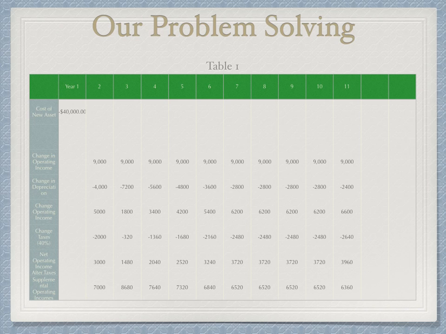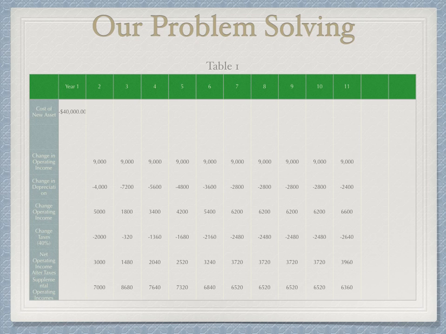So let's look at our problem solving. What I've done here is I've used Pages, which is the iMac version of Excel for Microsoft. And first we look at the cost of the new asset, which you can see underneath year 1, which is $40,000 negative because that is a cash outflow for the company. The change in the operating income for the next 10 years is, as the question states, $9,000. We then look at the change in depreciation.